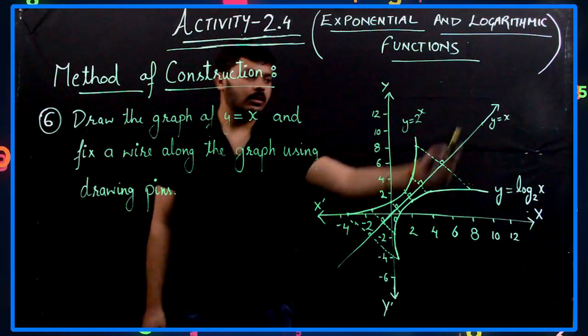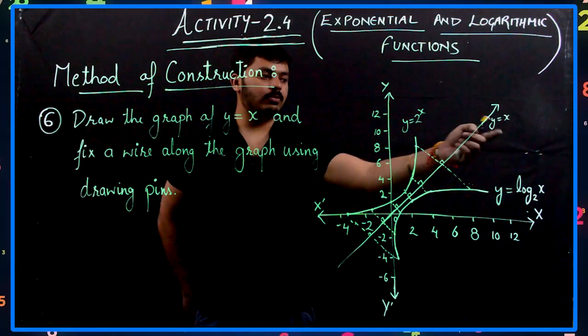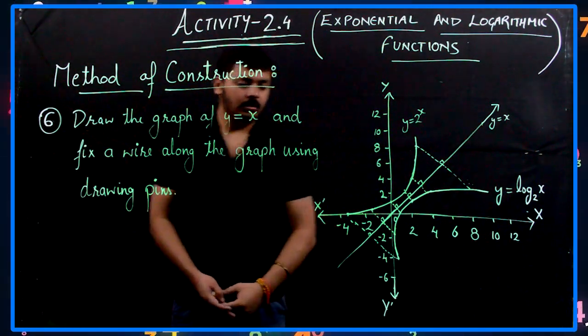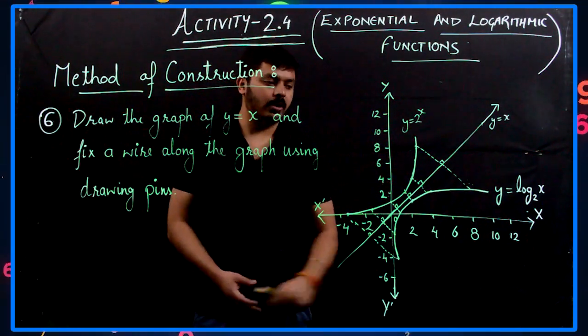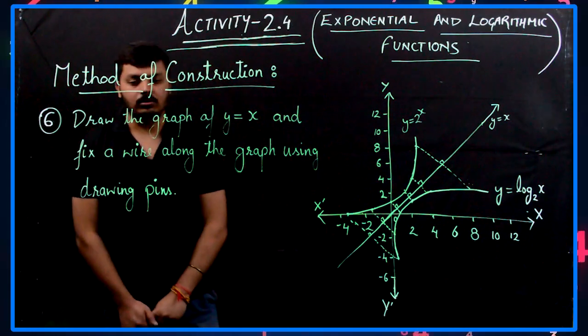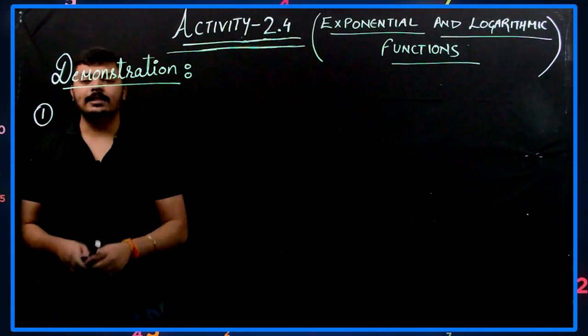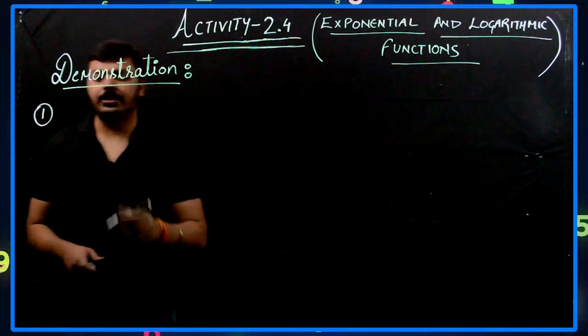So this is the line that denotes y equals to x, and these are the two curves of the two functions y equals to 2 to the power x and y equals to log x to the base 2. So now let's see the demonstration for this activity.